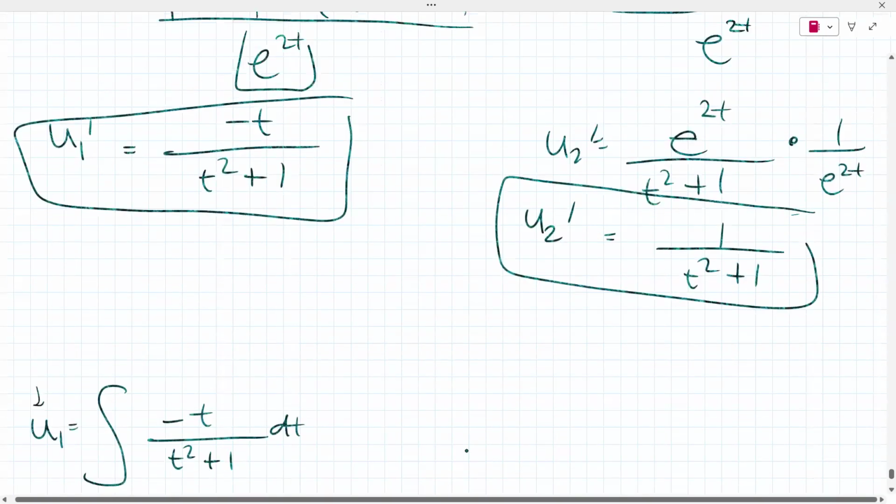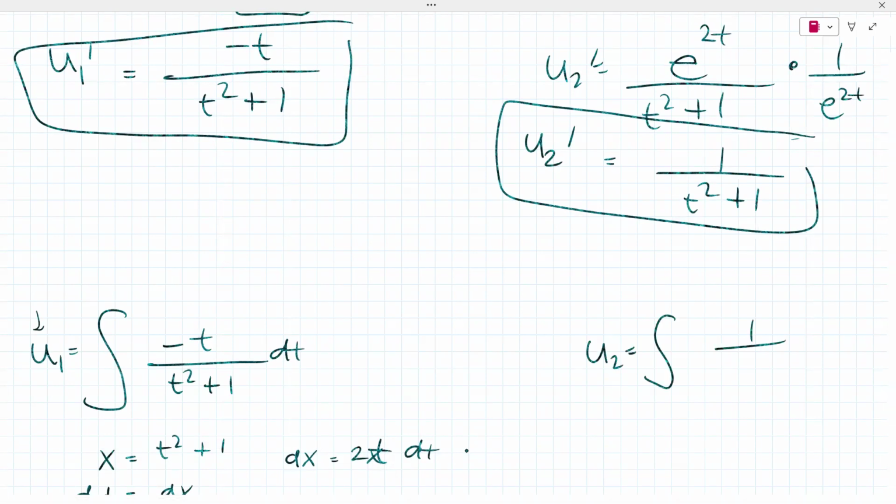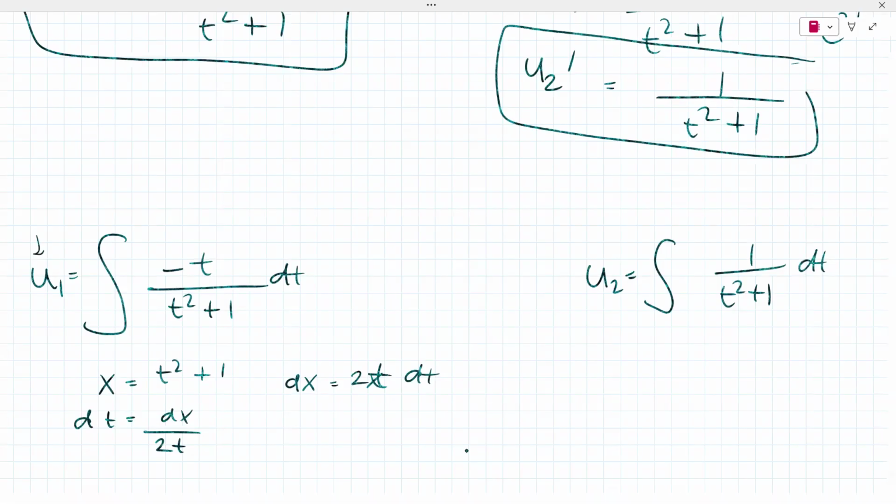Okay, so my u1 is this. Now let's finish our u2. My u2 is the integral of 1 over t squared plus 1 dt. And no, I wouldn't use substitution here. It's one of your special integral rules, the inverse trig rule.